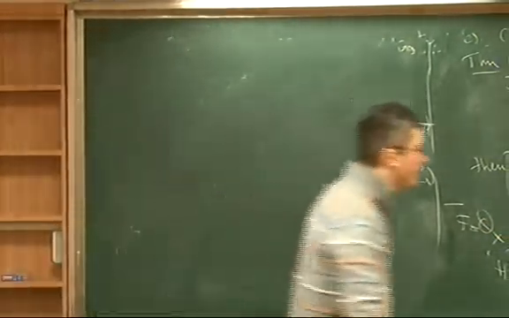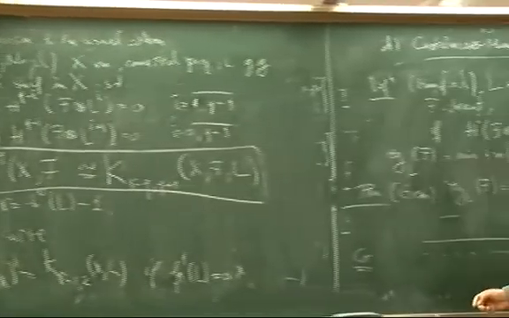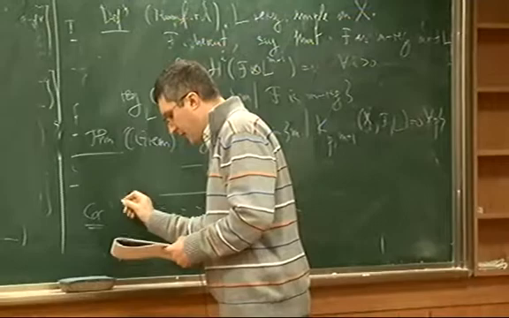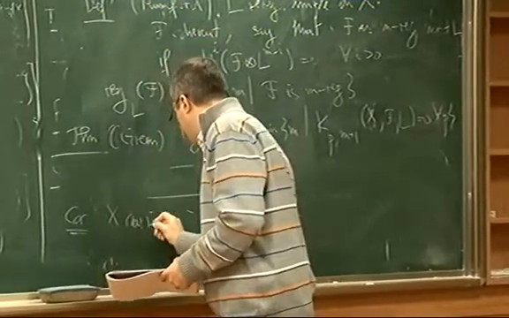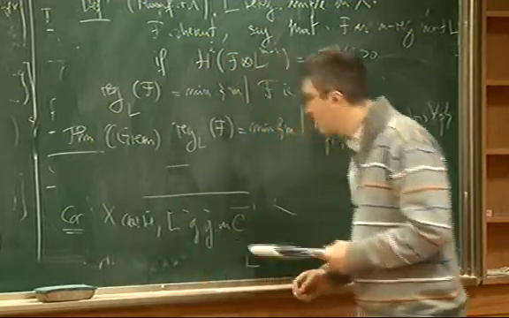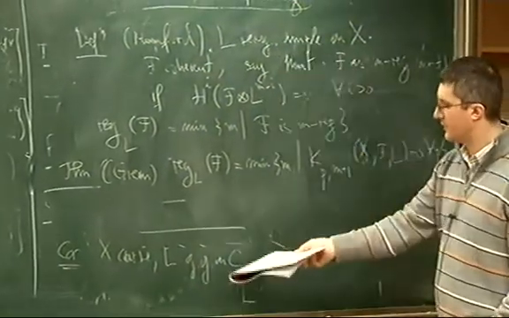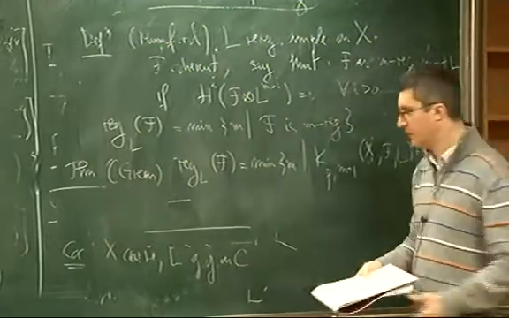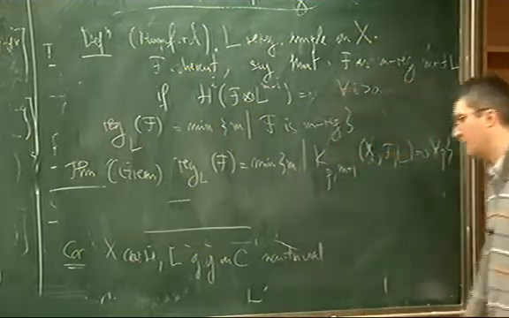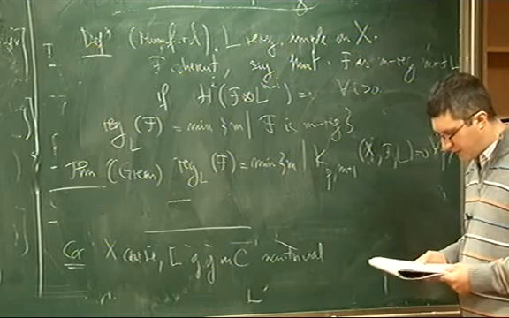So let me just state a corollary, an immediate corollary of this theorem. If X is a curve and L is globally generated on C, again this is the case where it's just globally generated and ample, so that's non-trivial, it makes sense to talk about regularity also in this case.